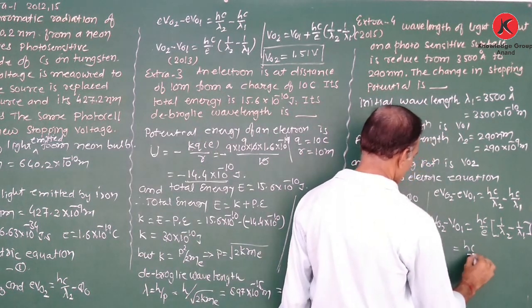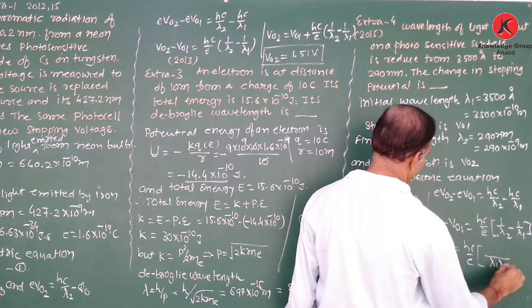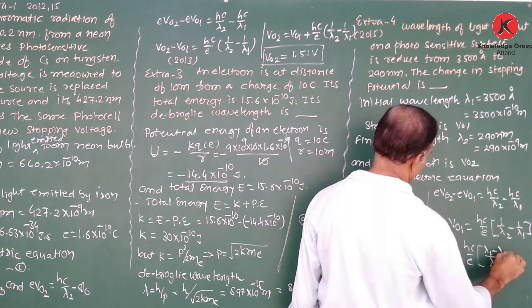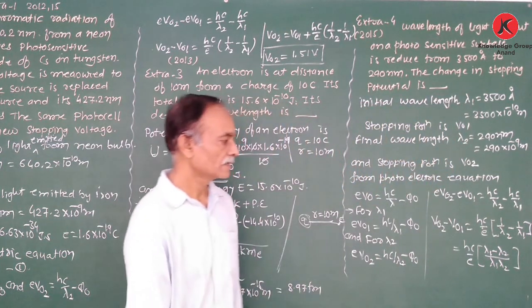Now, hc upon e. Here, we take the LCM lambda 1 lambda 2, so lambda 1 minus lambda 2 for the calculation.